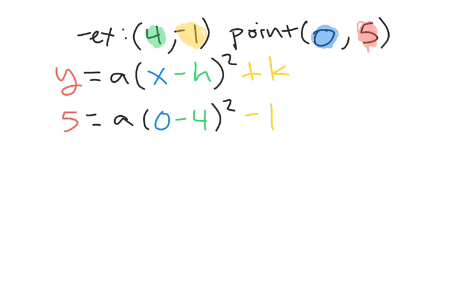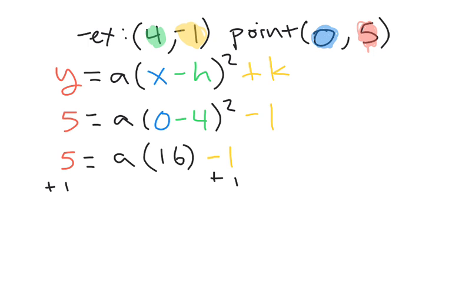Now we just got to algebra. 0 minus 4 is negative 4, and negative 4 squared is 16. So I'm going to rewrite this. I get 5. It's slowly going to become uncolored as I solve some of these problems. Now I'm going to add 1 to both sides because algebra.